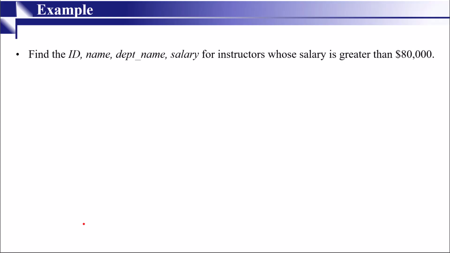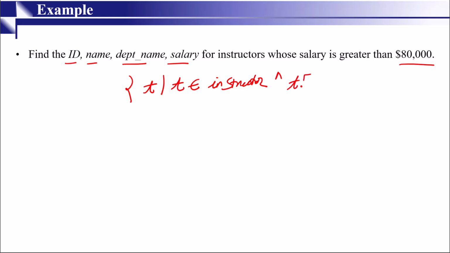For example, here I want to find the ID, name, department name, and salary for instructors whose salary is greater than 80,000. So I write the set of tuples t such that t is in the instructor table and t[salary] is greater than 80,000.